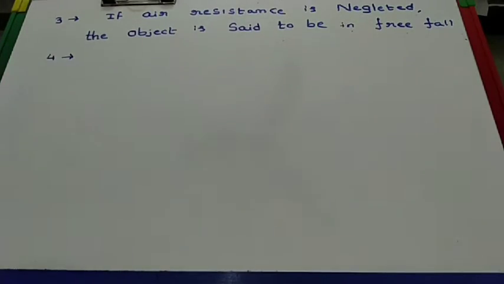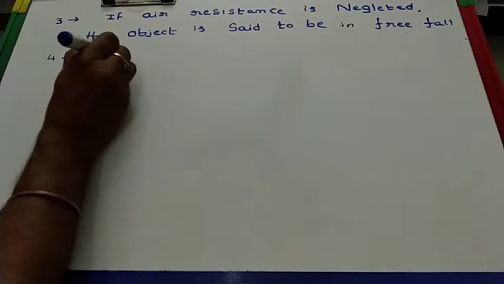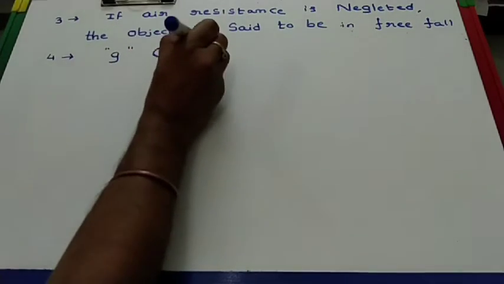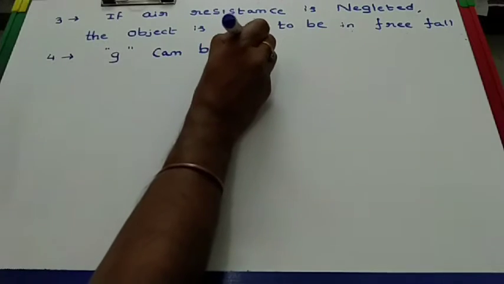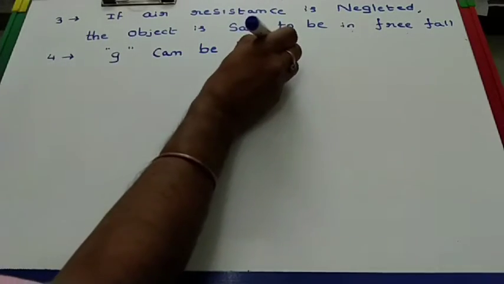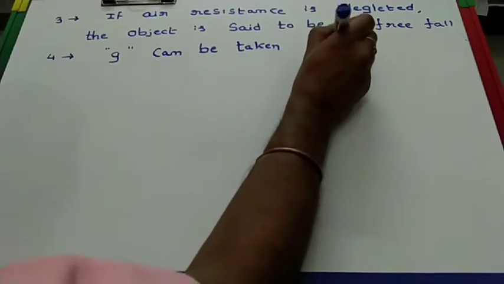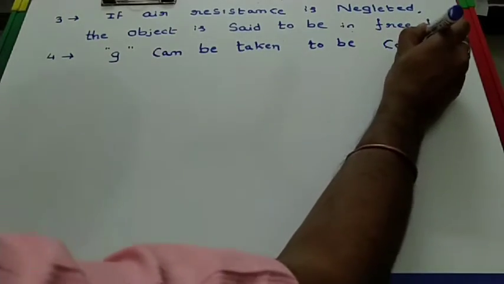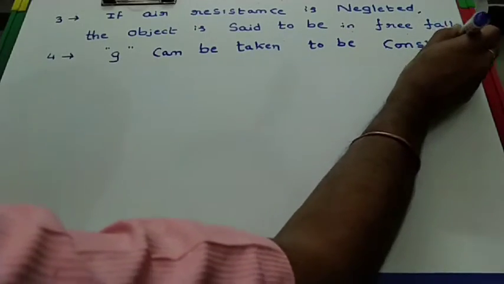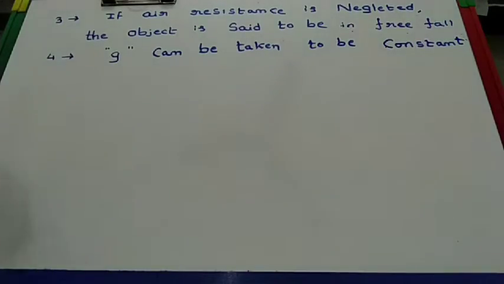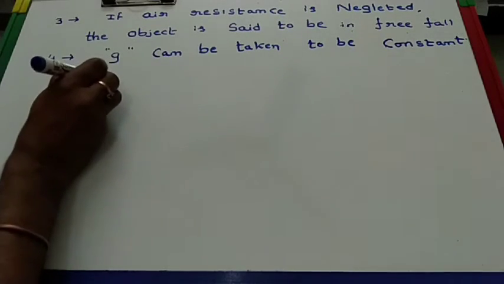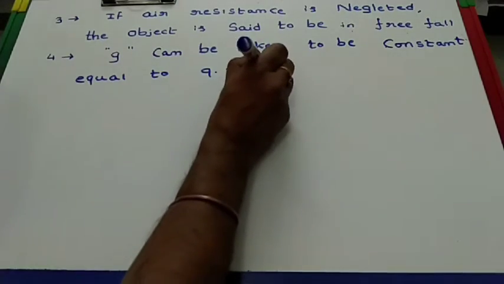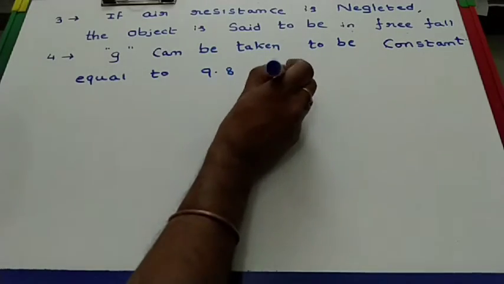Point number 4. Small g can be taken to be constant, equal to 9.8 meter per second square.